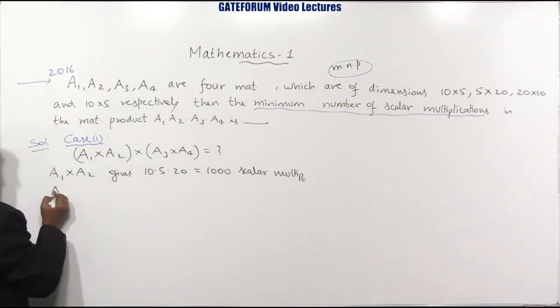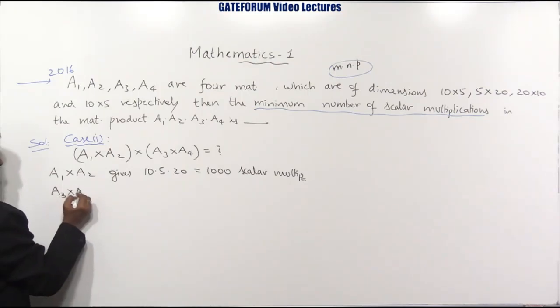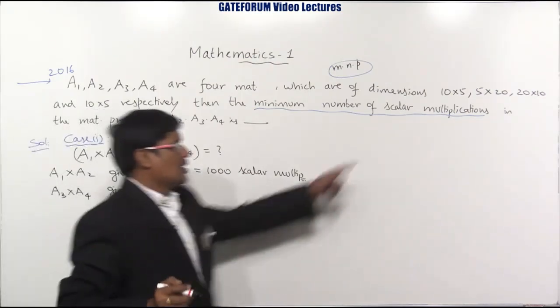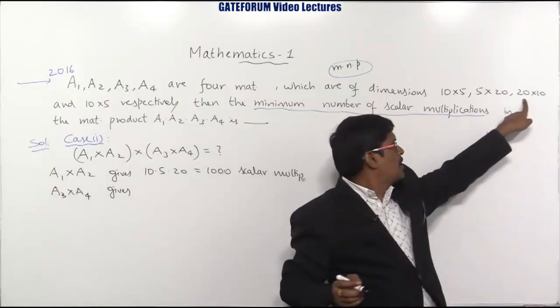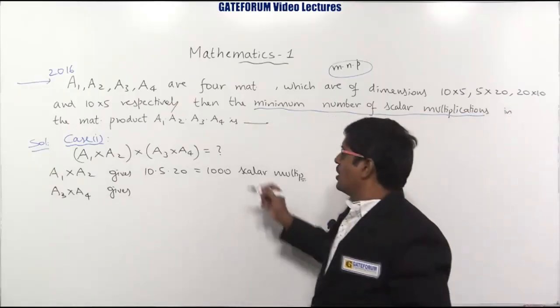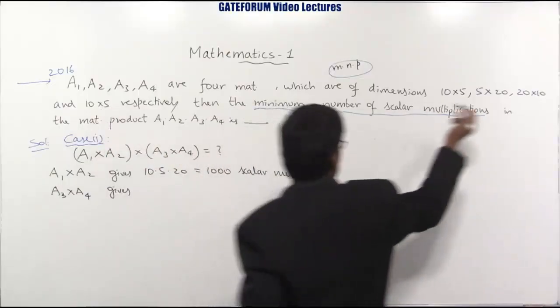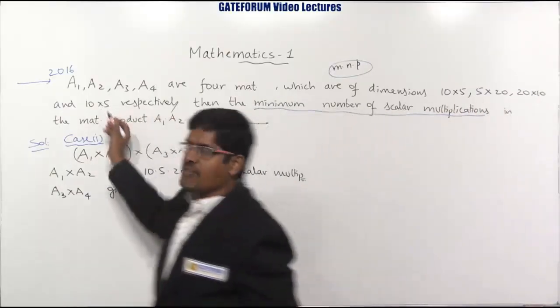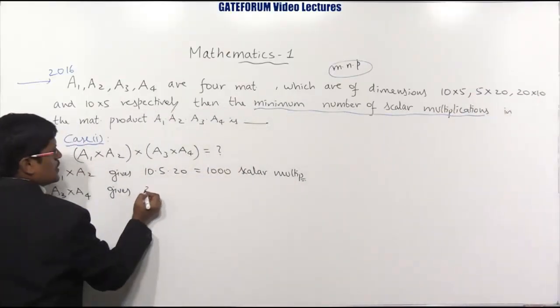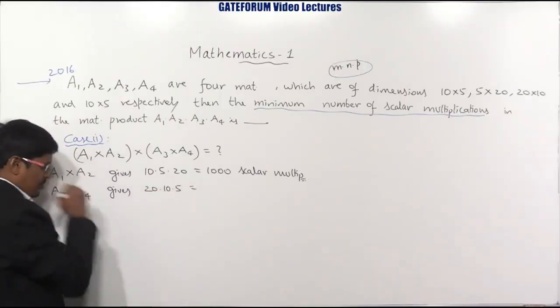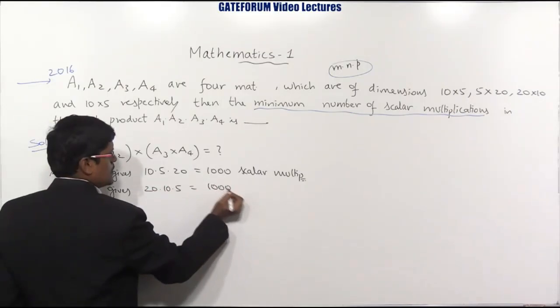Next A3 into A4: A3 order is 20 into 10, compare with M into N. A4 is 10 into 5, compare with N into P. So M value 20, N value 10, P value 5 gives 20 into 10 into 5, which is again 1000 scalar multiplications.